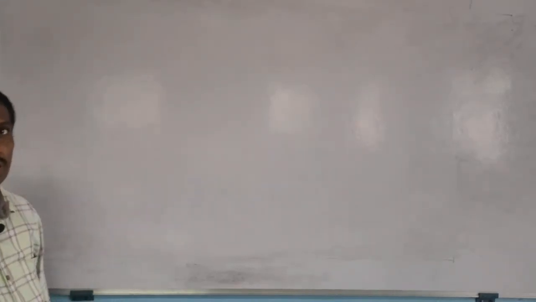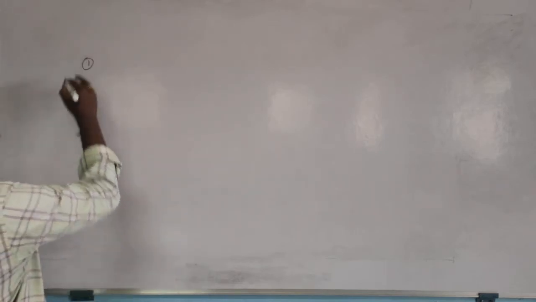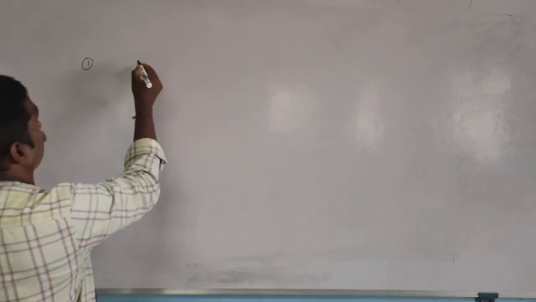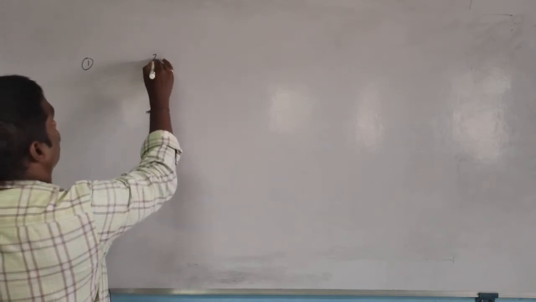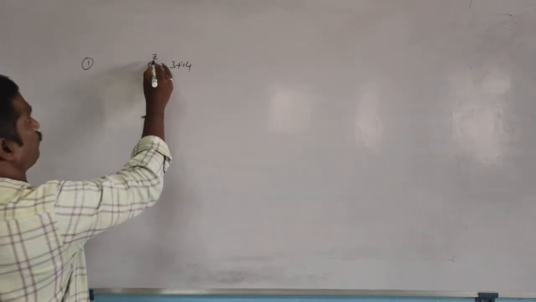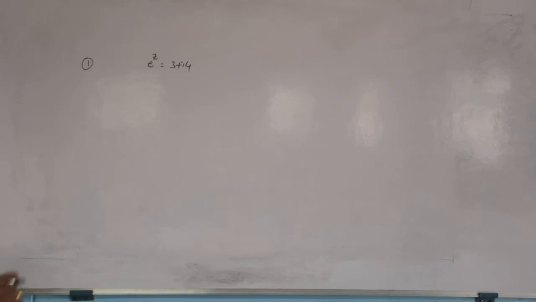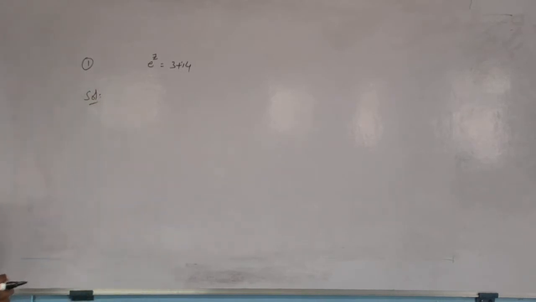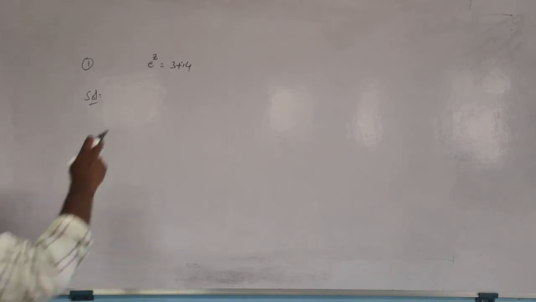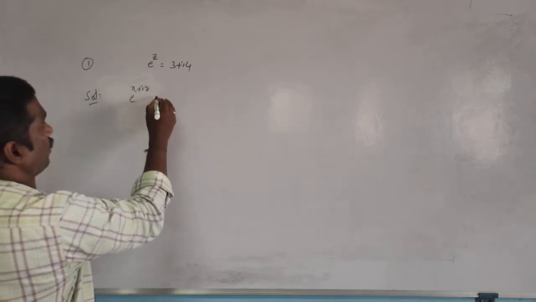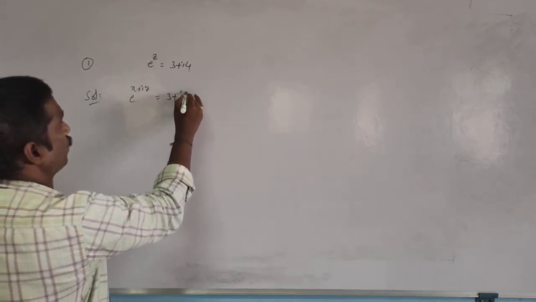Next, problems on the elementary functions. First one is to find a solution of e^z = 3 + 4i. So now we have to solve e^z = 3 + 4i. Here e^z can be written simply as e^(x + iy) = 3 + i4.